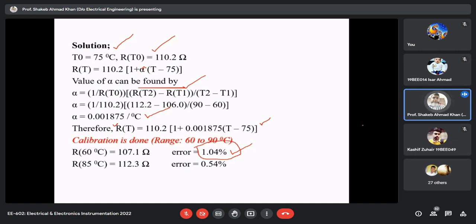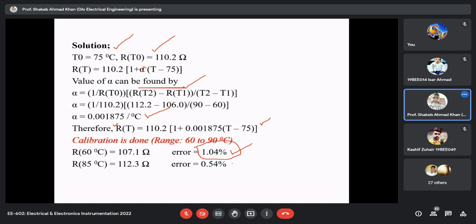Obviously in quadratic approximation your maximum error will reduce. That is for sure. It won't be worse than this or even equal to this. It will be better than this. But whether it is matching the requirement or not, that is another issue.